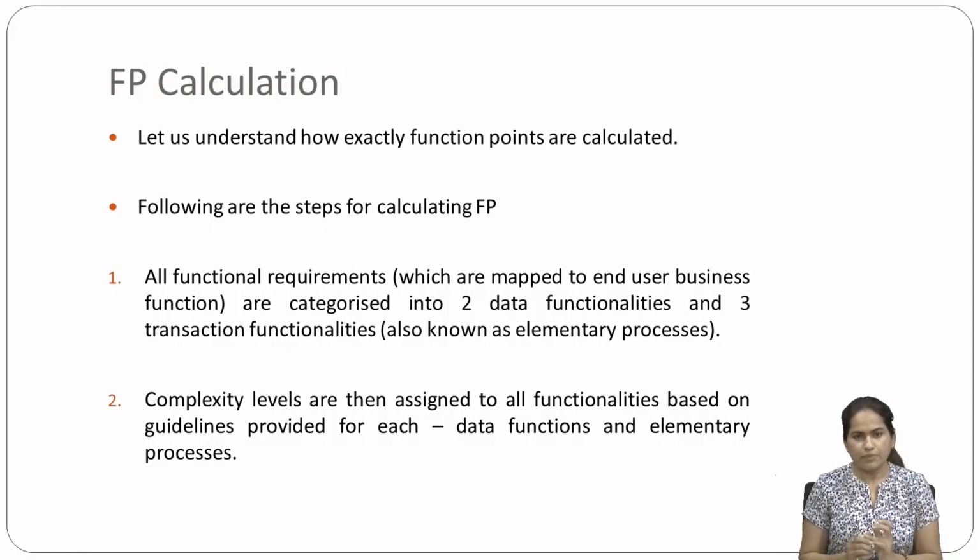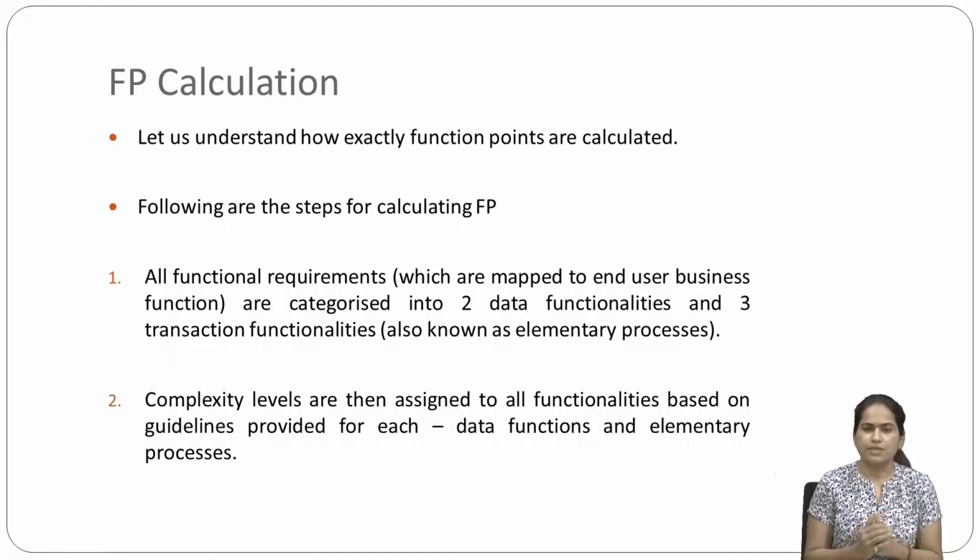Now first step we have, that is all functional requirements which we are having in our software are categorized into 2 data functionalities and 3 transaction functionalities. So in first step, what we are doing, first step contains the categorization of all functional requirements. It will be either data functionalities or it will be transaction functionalities, also known as elementary processes.